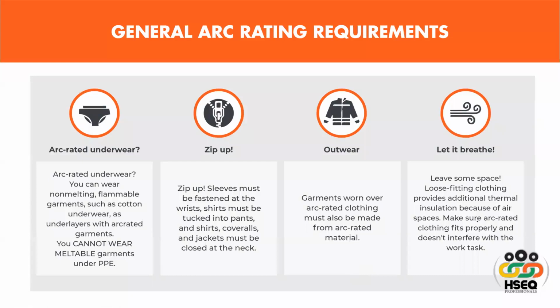So maybe you are exposed to 24 cal/cm². It is the requirement of the personal protective equipment, the arc rated clothing which you are wearing, to provide you protection against 24 cal/cm². It's not the job of the jacket to provide you protection.